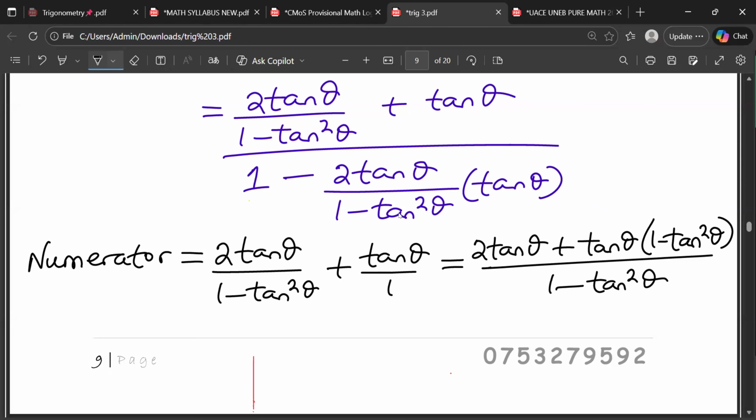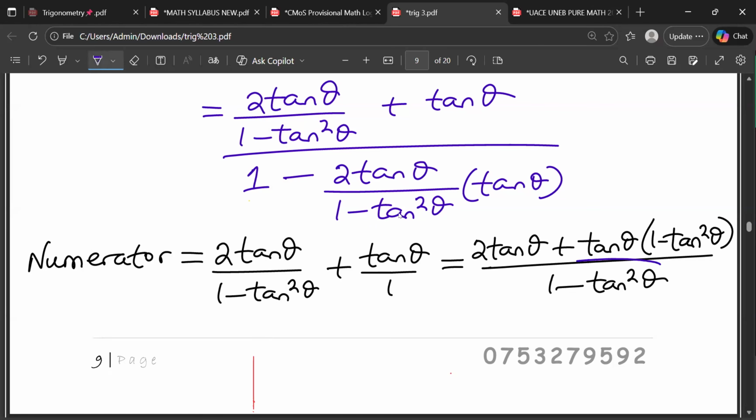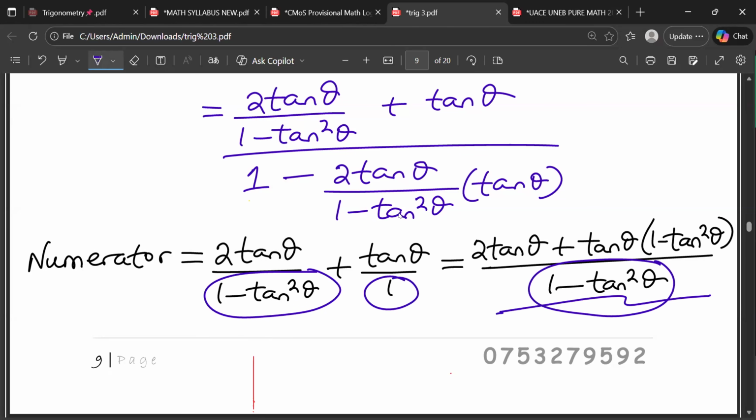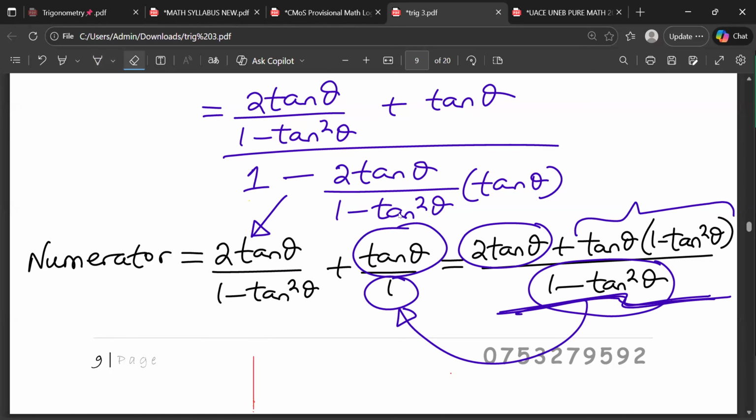When you get the whole of this, this one is the LCM. When you divide the LCM by this, you get 1, and 1 times this one is that very thing. Then this one is the LCM; you divide it by 1, you get the LCM, times tan. Tan times the LCM. I hope we are on the same page.